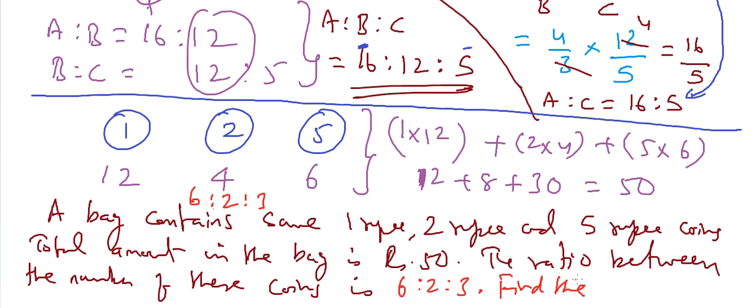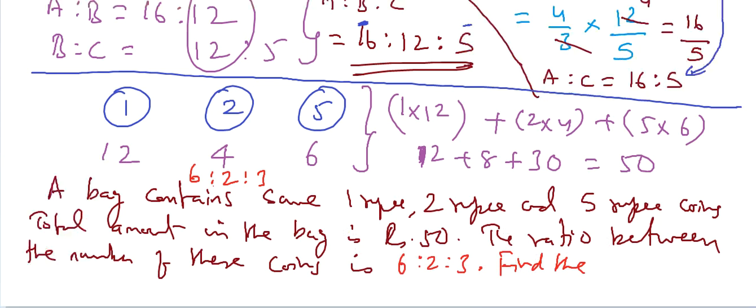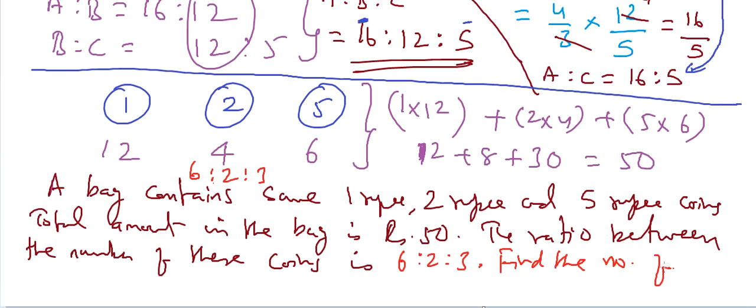So find the number of coins of each denomination. Each denomination meaning how many 1 rupee coins, how many 2 rupee coins, and how many 5 rupee coins are there in the bag, so that the total value of the coins is 50 rupees.